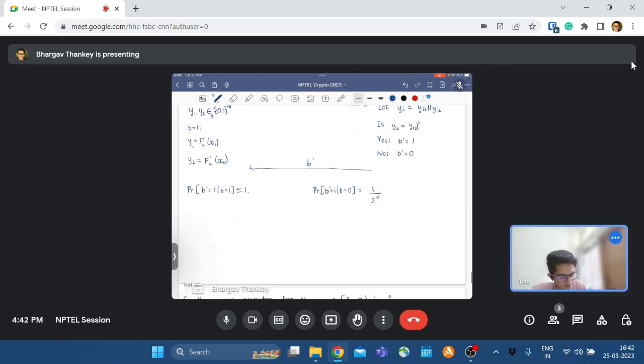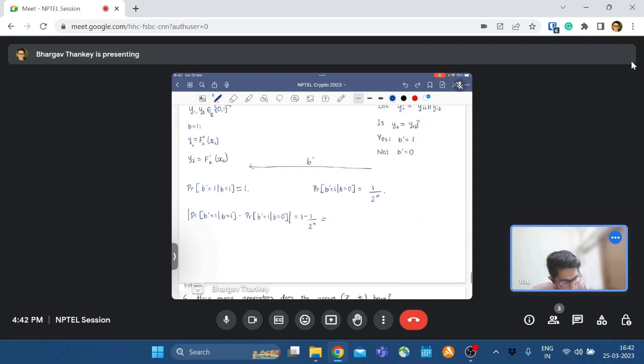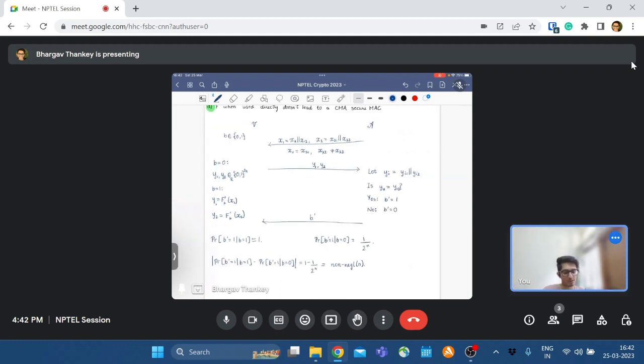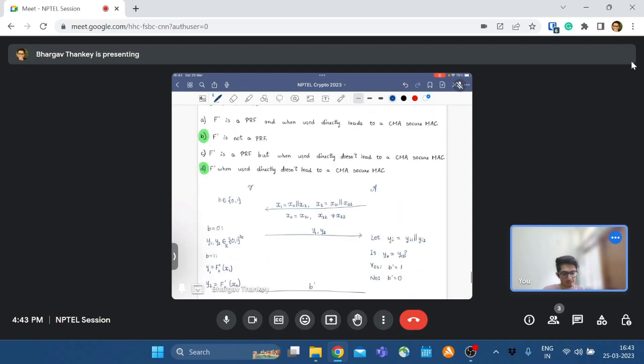So the gap between these two probabilities is very large, and 1 over 2 to the n is negligible. So there exists an efficient adversary which can distinguish f prime from a totally random function. And so f prime is not a PRF. So option B is true.